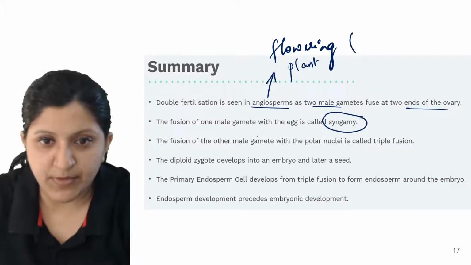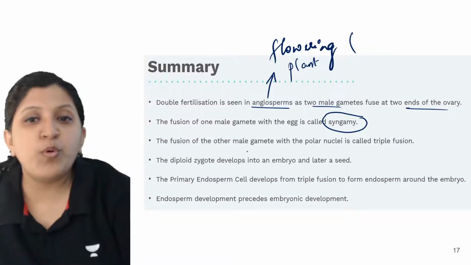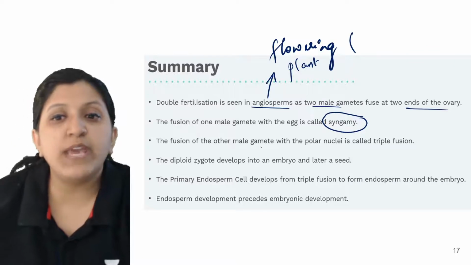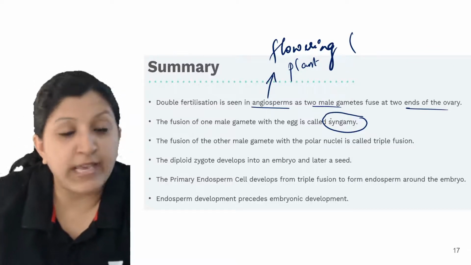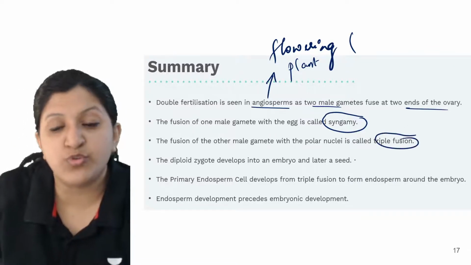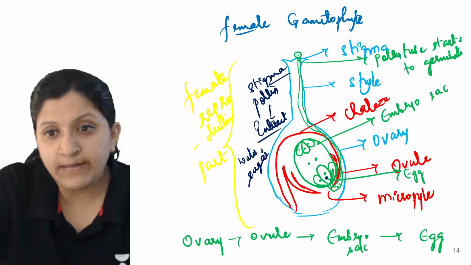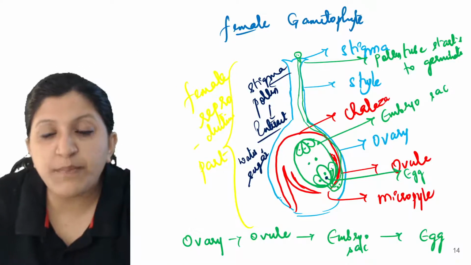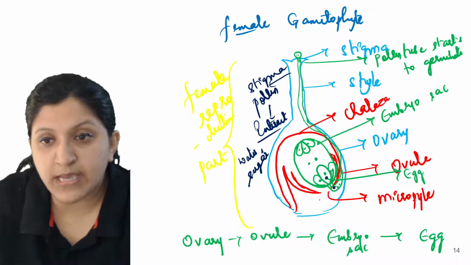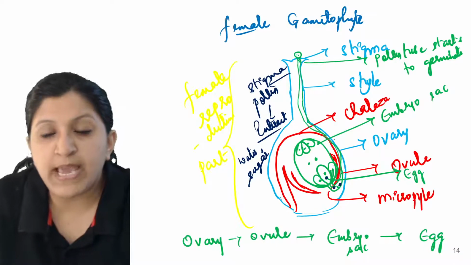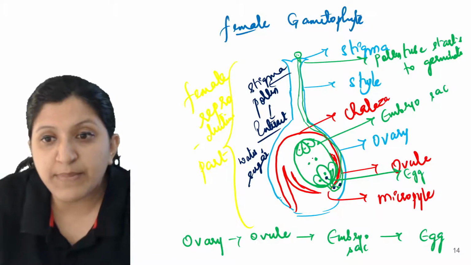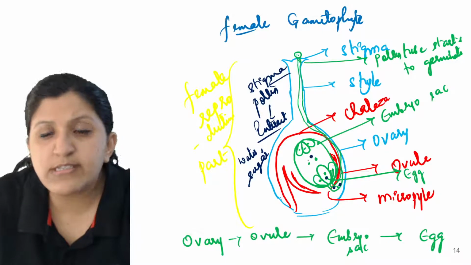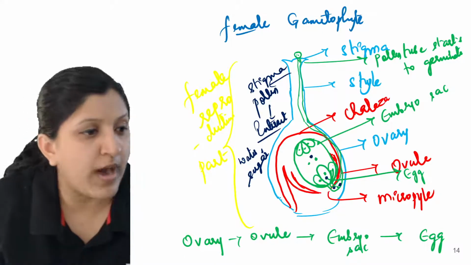So that we call syngamy. Okay, so now the fusion of the other male gamete with the polar nuclei, that we call triple fusion. One of the male gametes is already combined, so there is one more male gamete, and this is going to join with the polar nuclei.